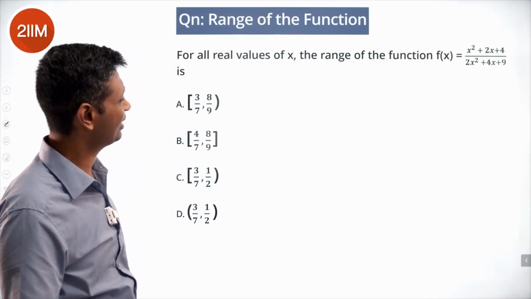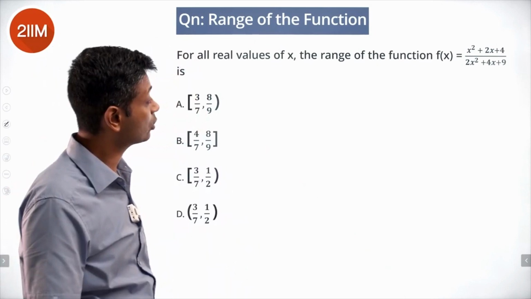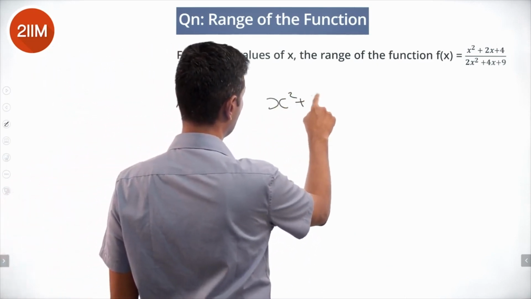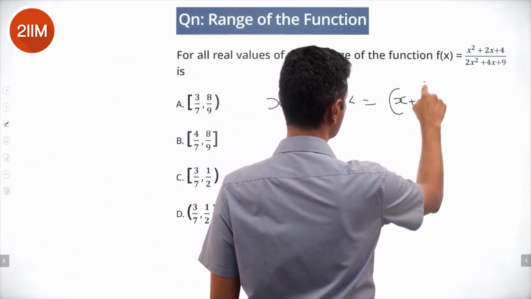For all real values of x, the range of the function (x square plus 2x plus 4) by (2x square plus 4x plus 9). x square plus 2x plus 4 is (x plus 1) whole square plus 3.